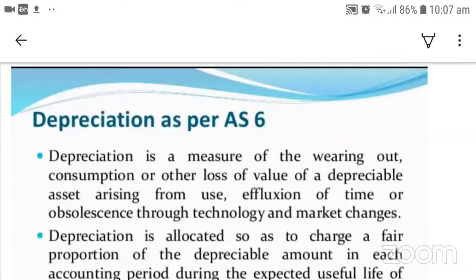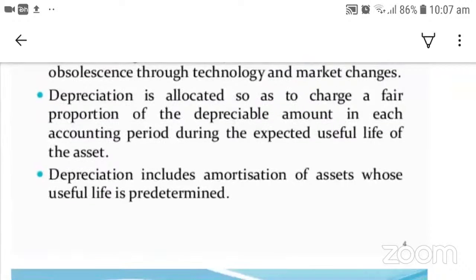Depreciation is allocated so as to charge a fair proportion of the depreciable amount in each accounting period during the expected useful life of the asset. We will allocate the depreciation every year, charged on a particular asset, a tangible fixed asset.